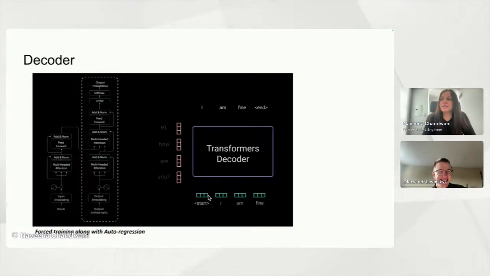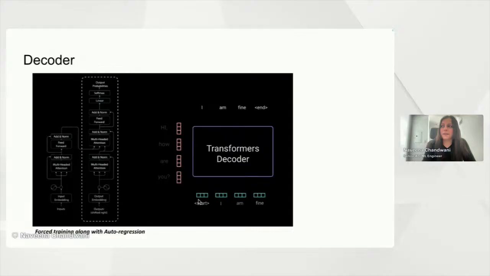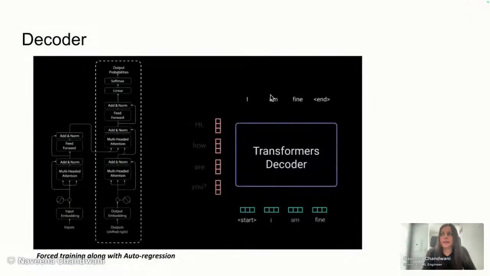Here we start with the start of sequence, the default word with the inputs, and it'll generate the first word, I. This will be fed back in, and then you'll have the next word coming up, being outputted by the decoder, which is am, and so on and so forth, until finally your last word is fed in and the decoder generates an end of sequence token.